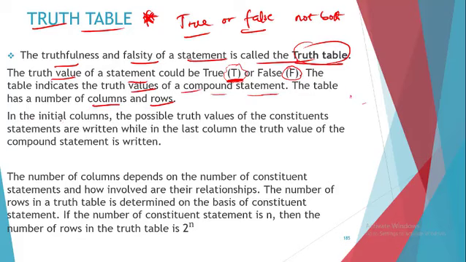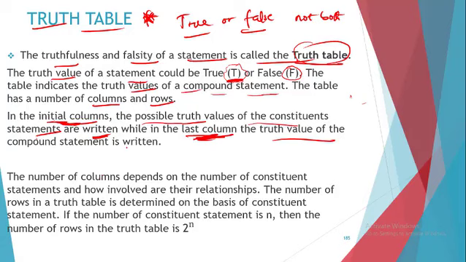In the initial columns, the possible truth values of the constituent statements are written, while in the last column the truth value of the compound statement is written. Get that straight.